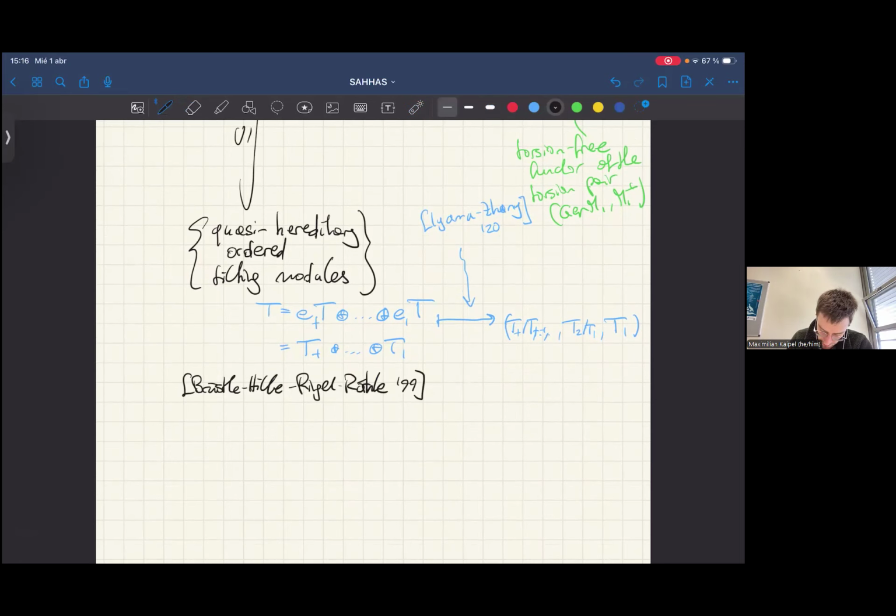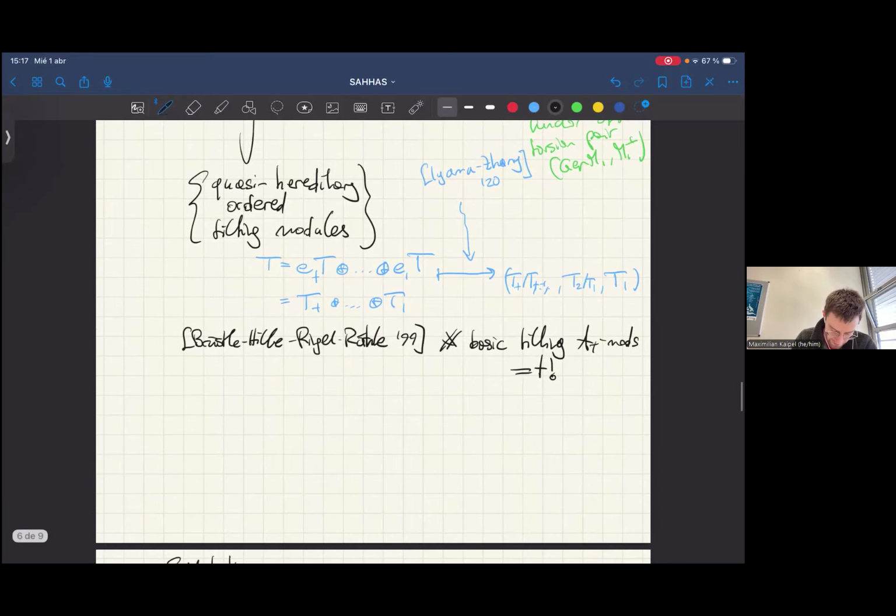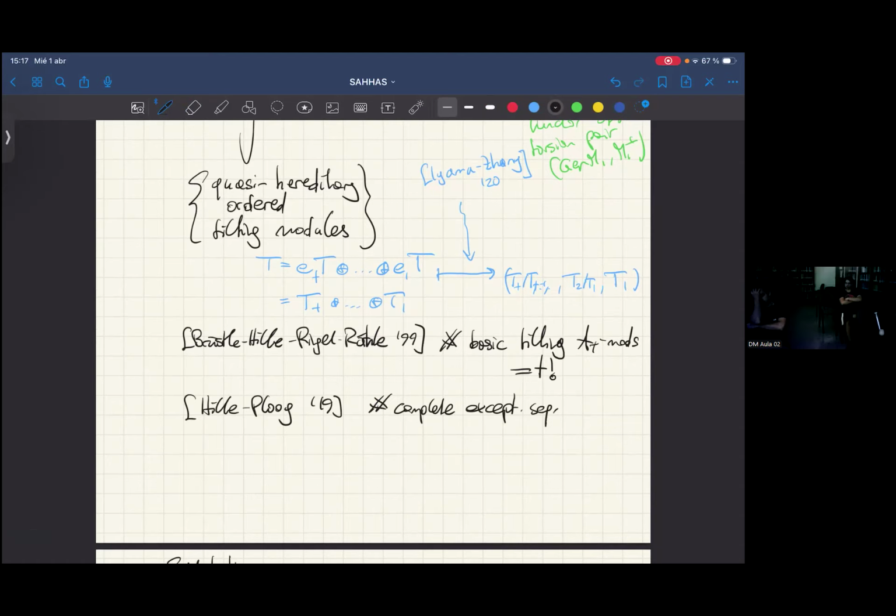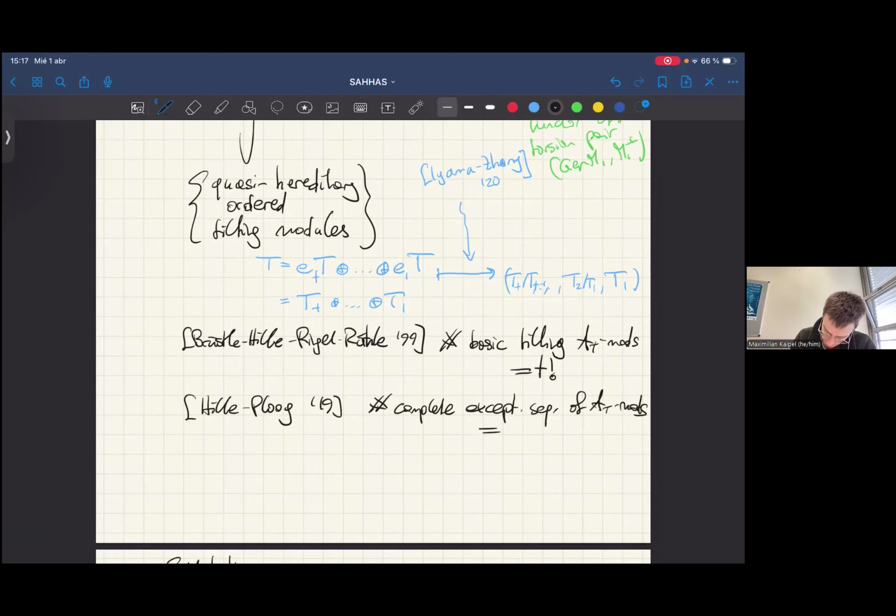And they show that the number of basic tilting modules, AT modules, is exactly t factorial. And then later, Hille and Ploog in 2019 show that the number of complete exceptional sequences of AT modules is also t factorial.